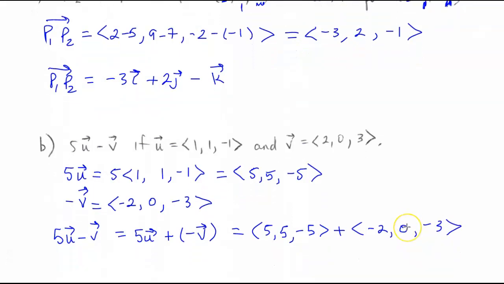And then we just combine components together. So here, 5 minus 2 will give us 3. 5 plus a negative 2 will give us 3. 5 plus 0 will give us 5. And negative 5 plus negative 3 will give us a negative 8. And that is what our resulting vector would be there.